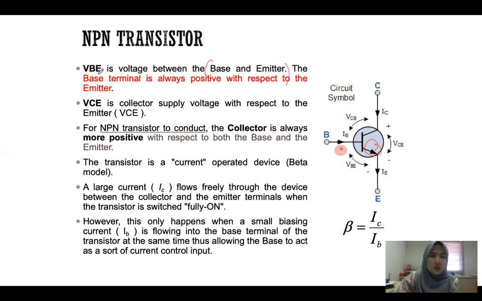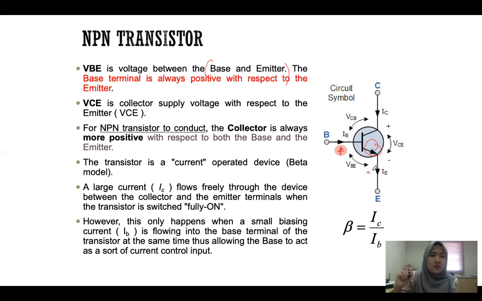This is the base, this is the emitter. So the VBE is between the base and also the emitter. The base terminal is always positive with respect to the emitter. Take note, that's why this is positive, and this is negative.